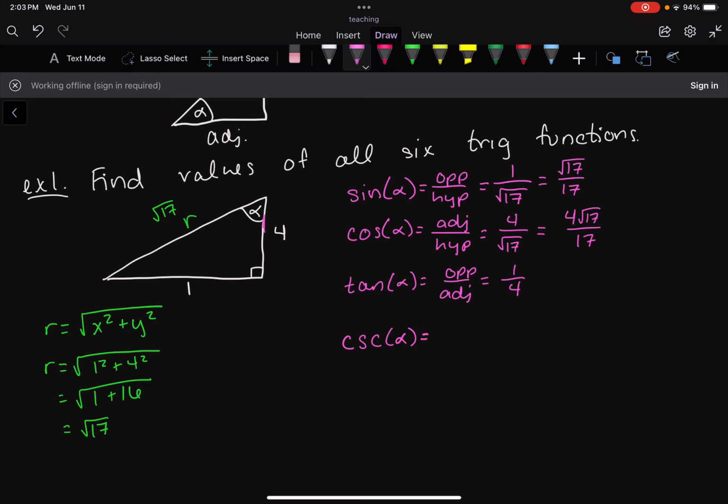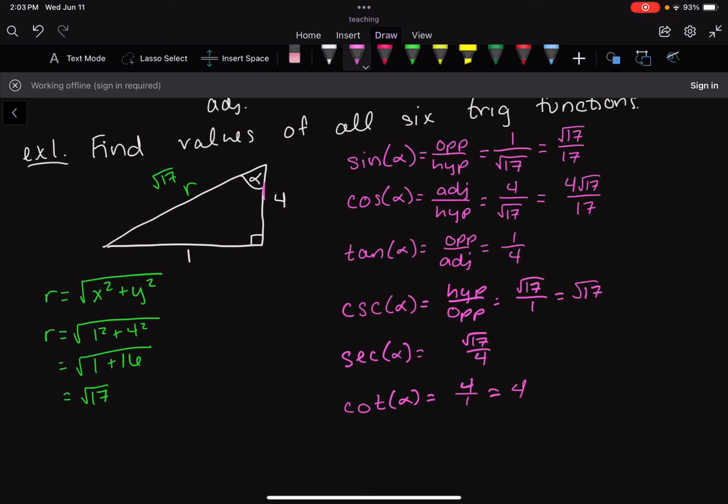Cosecant is the opposite of sine, or you can think of it as hypotenuse over opposite. So this is root 17 over 1, so just root 17. Secant is going to be root 17 over 4, and cotangent is 4 over 1, so just 4.